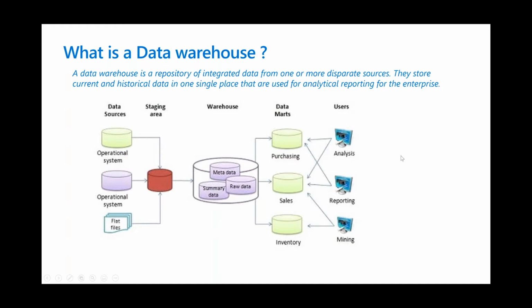So when you go by the definition of data warehouse, it's a repository of integrated data from one or disparate sources. But the data has now become a business asset, because you're combining data from operational systems and putting it in one place to consume for different departments and to make it available for analysis and reporting.